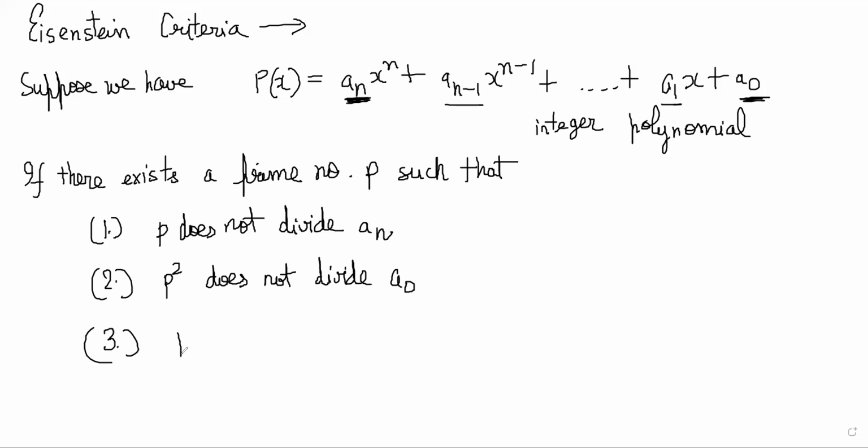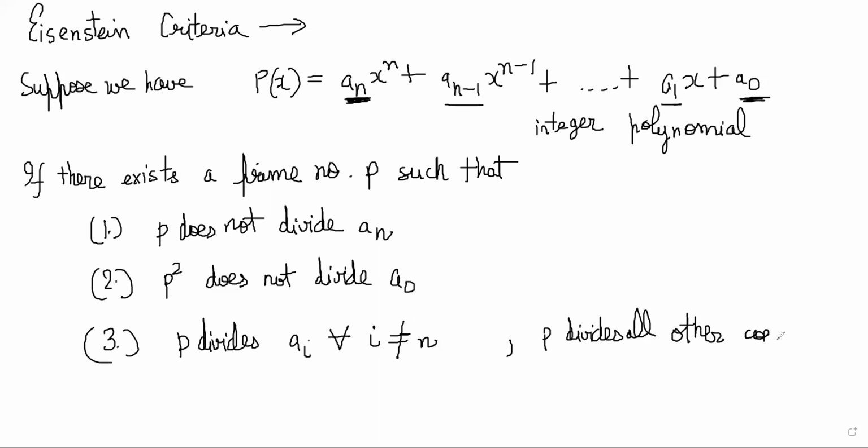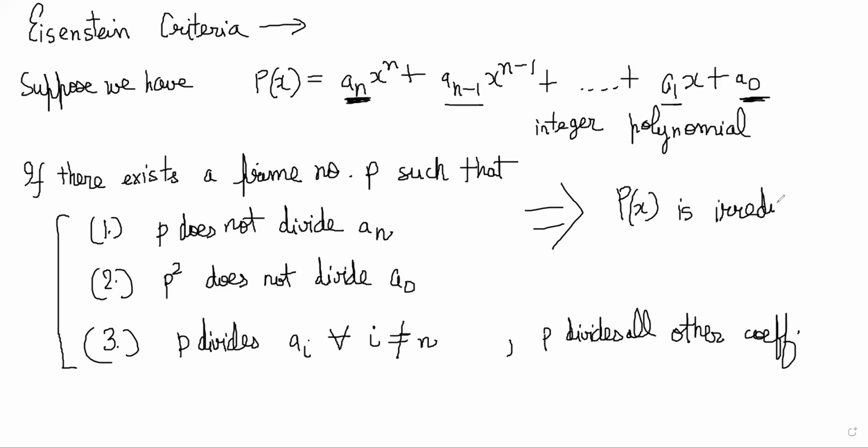And the final condition is p divides a_i for all i not equal to n. Basically, this means p divides all other coefficients. All other coefficients. Okay. So then that means if these three conditions are satisfied for a prime p, then it implies that p(x) is irreducible. This is the Eisenstein criterion.